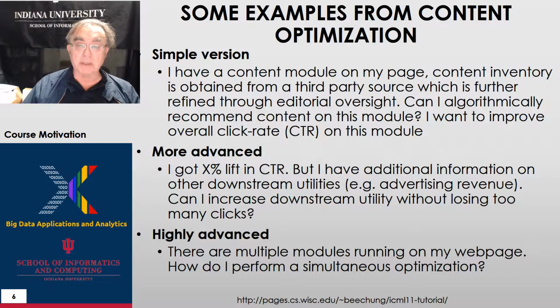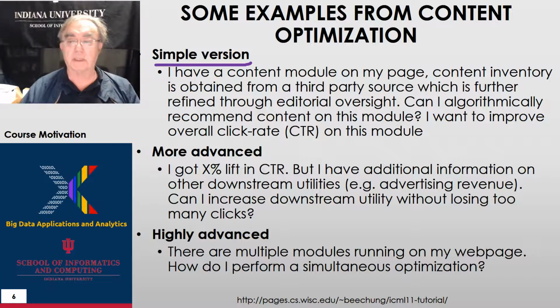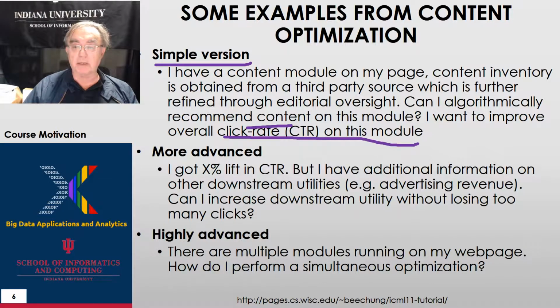So when I'm looking at this content, in the simplest case, I have a content module, and I have an inventory of possible content, and then I can produce some bias that I'd like a certain type of content, and I need to recommend the content in some fashion that improves the overall rate of clicking on this module, so that people are pretty interested in this module.